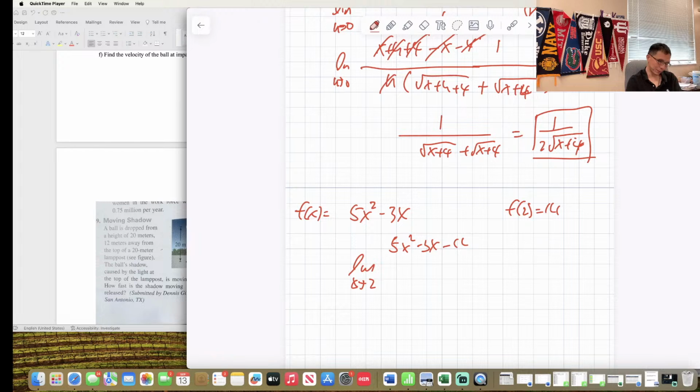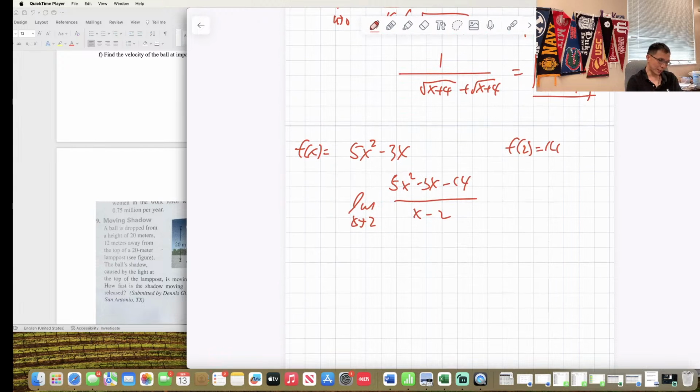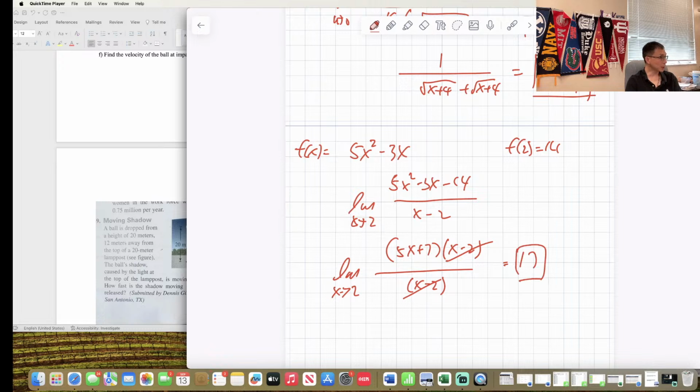So that's going to be minus 14 over x minus 2. So what's a factor of the top? 5x plus 7 and what? x minus 2. The x minus 2 will always end up canceling because that's the denominator. x approaches 2, so it'll be 17. So the answer is 17.